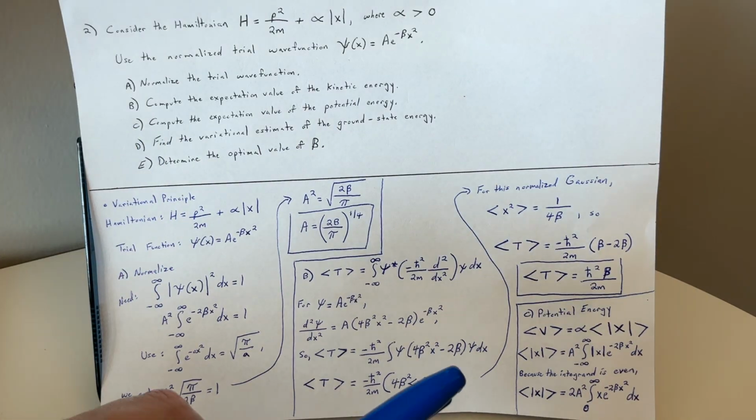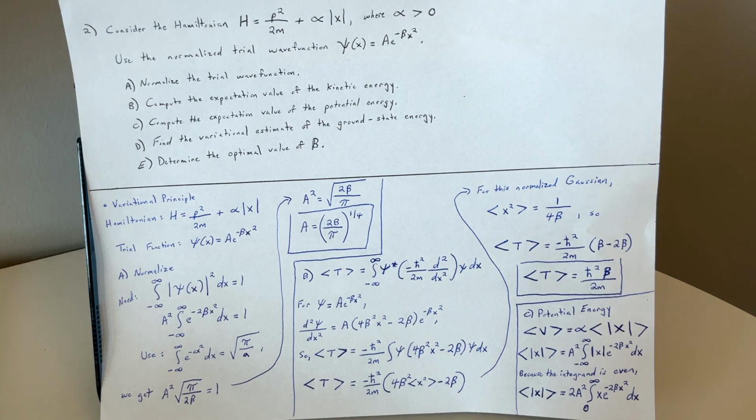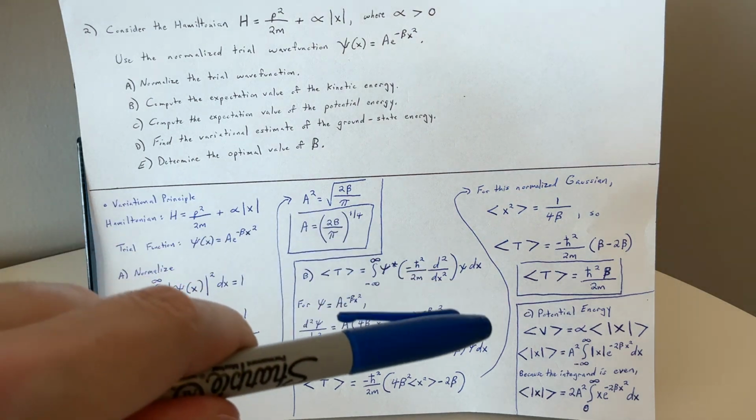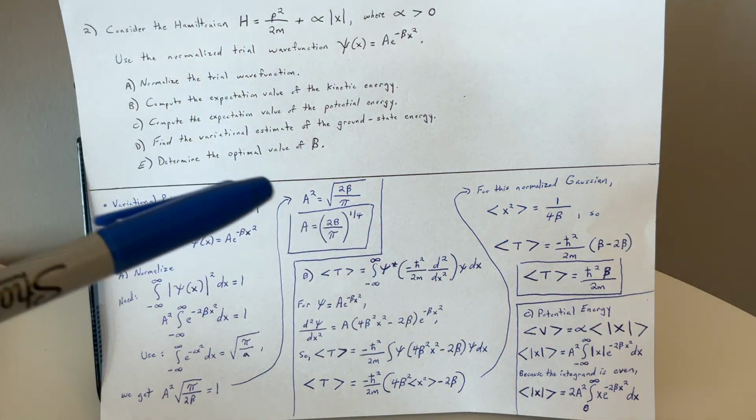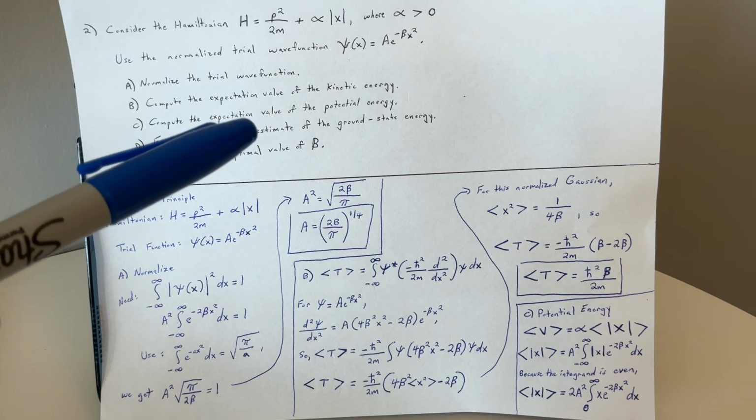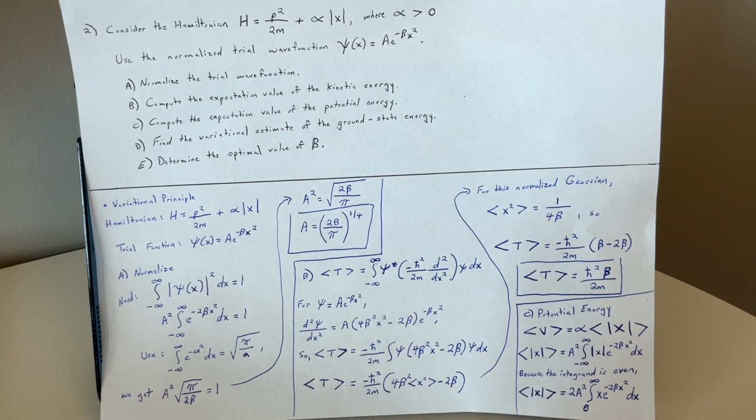Letter C, we want to compute the potential energy. So for letter C, compute the expectation value of the potential energy. My apologies. Here, the expectation value of the potential energy equals alpha times the expectation value of the absolute value, or modulus, of x.